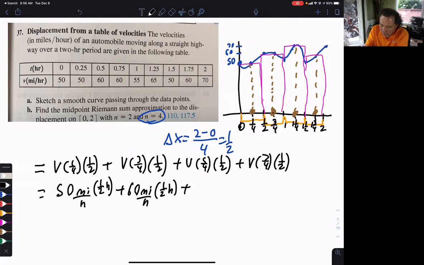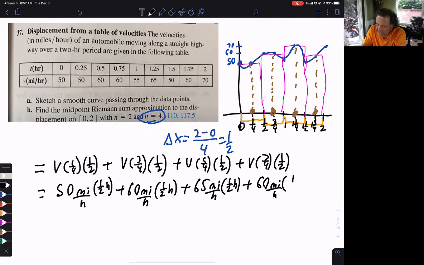And at 5/4, which is 1 1/4, it's going to be 65. And at 1 3/4, it's going to be 60, times a half hour. And I'm pretty much done. Cancel these units.